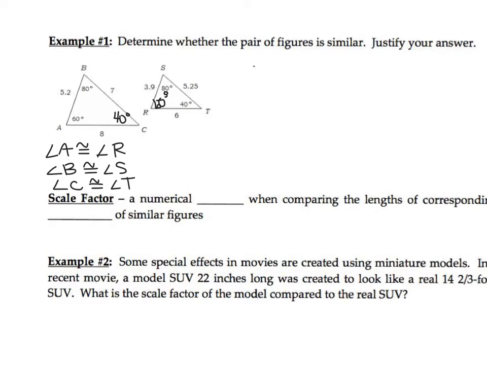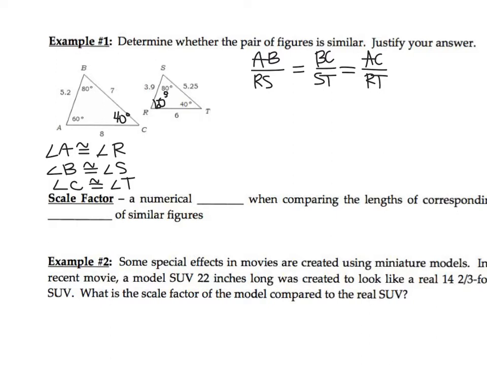We know that AB over RS has to equal BC over ST, which has to equal AC over RT. It is important to point out that all three ratios have to be equivalent. If just one of them isn't the same, then the figures are not similar.